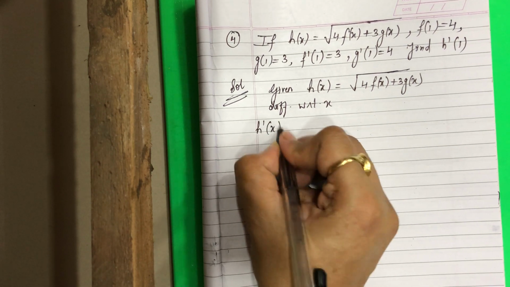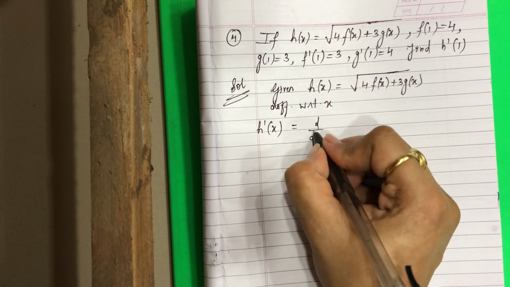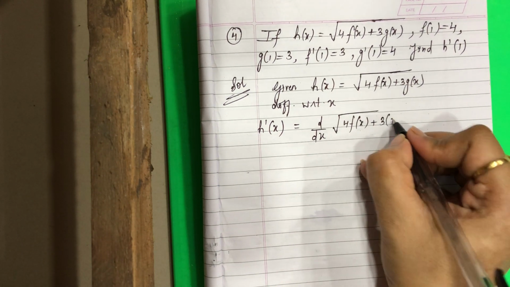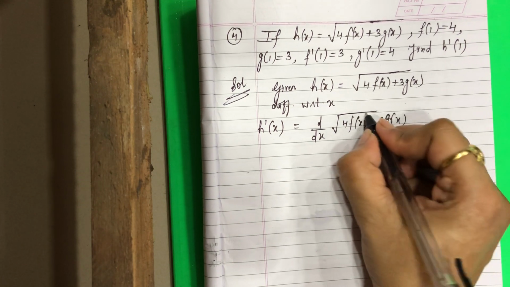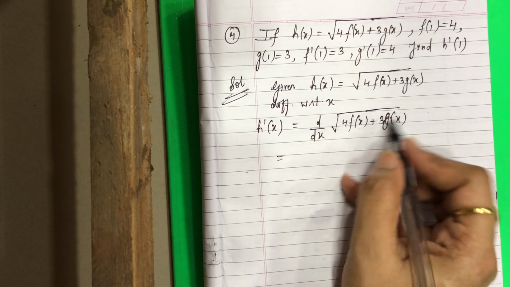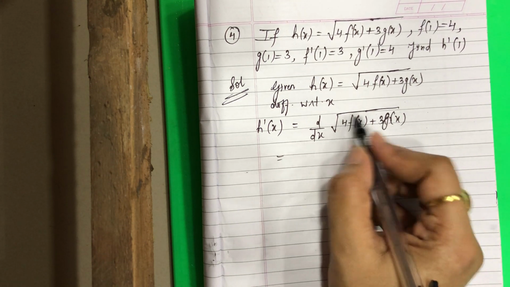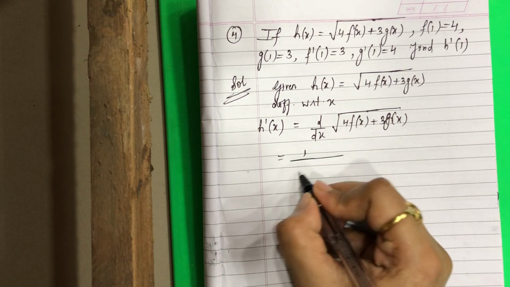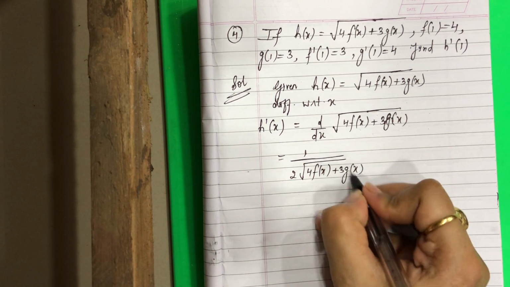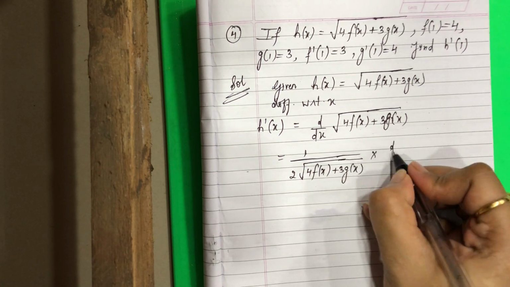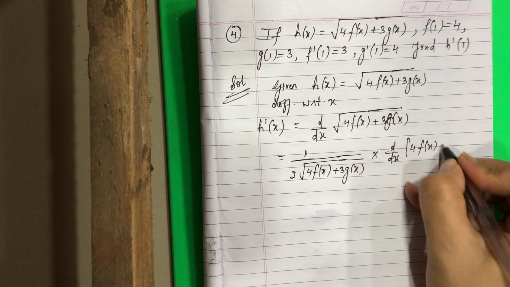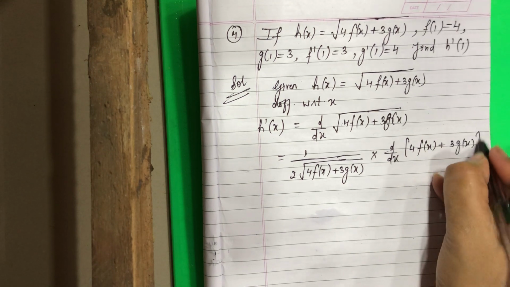So this gives you h'(x) is d by dx of root of 4f(x) plus 3g(x). So again, this is a composite function. Apply the chain rule. First differentiate the square root, that gives you 1 upon 2 root 4f(x) plus 3g(x) into d by dx of the function here in the bracket, that is 4f(x) plus 3g(x).